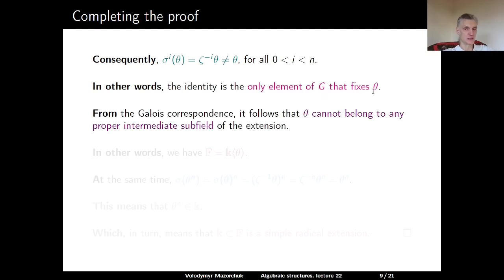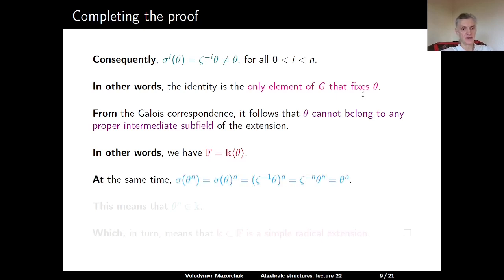And from our Galois correspondence, it follows that theta cannot belong to any proper intermediate subfield of our extension. In other words, F is obtained from K by adjoining theta. At the same time, if we apply sigma to theta to the power n, this is equal to sigma of theta to the power n.